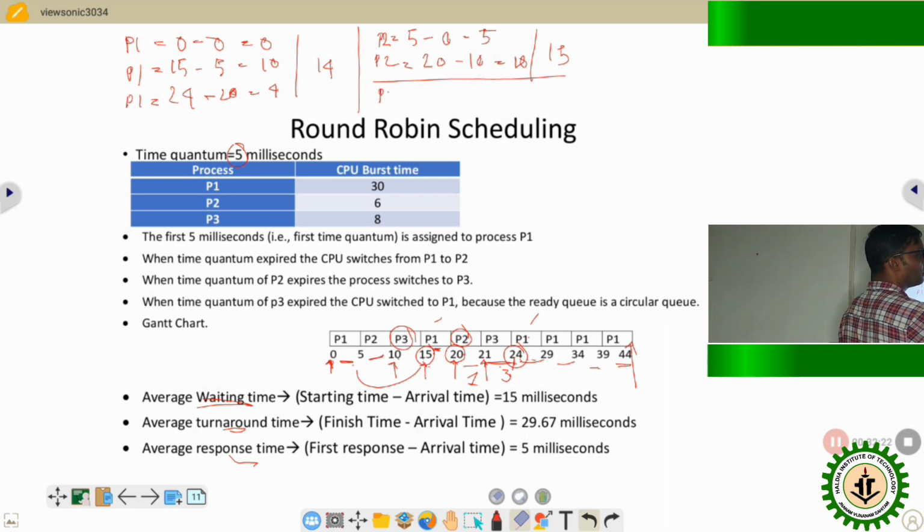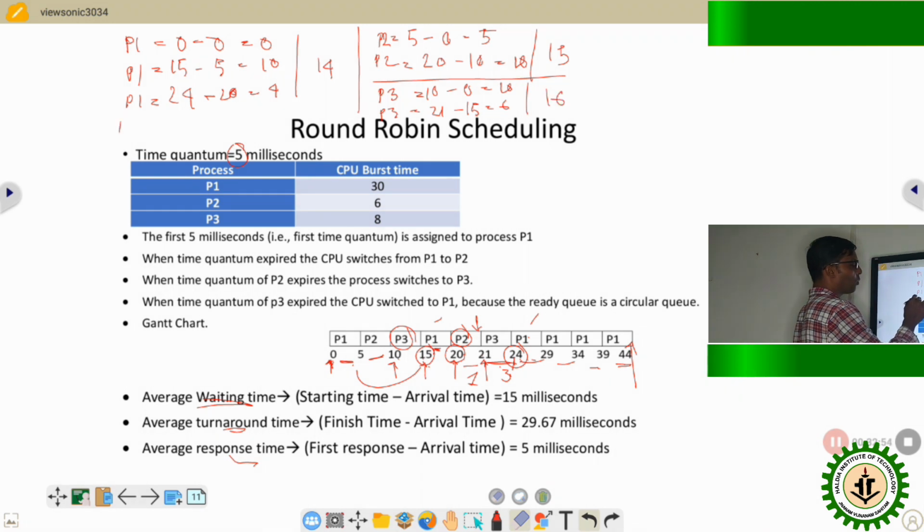For process P3, the starting time is 10 minus 0, that is 10. Process P3 again starts at 21, and process P3 ended earlier at 15, that is 6, so the total is 16.